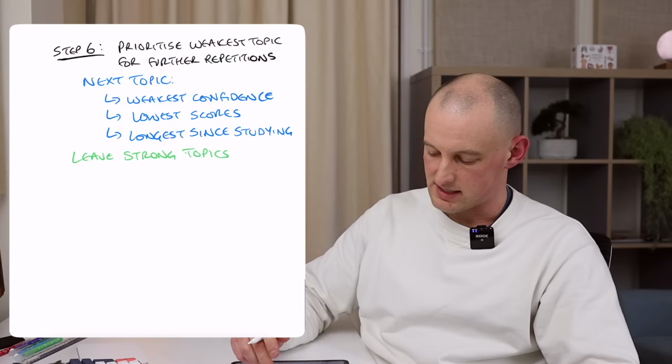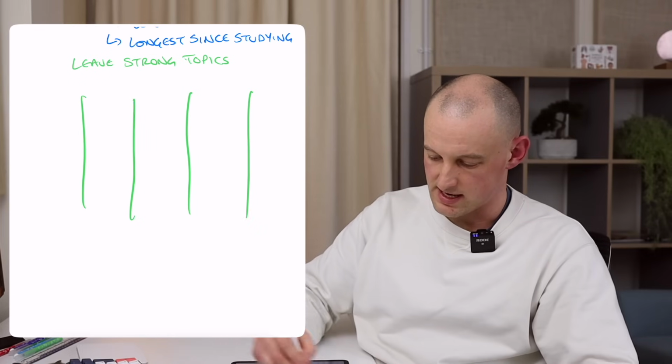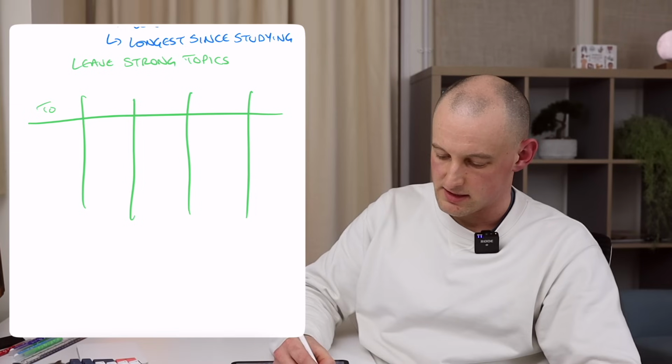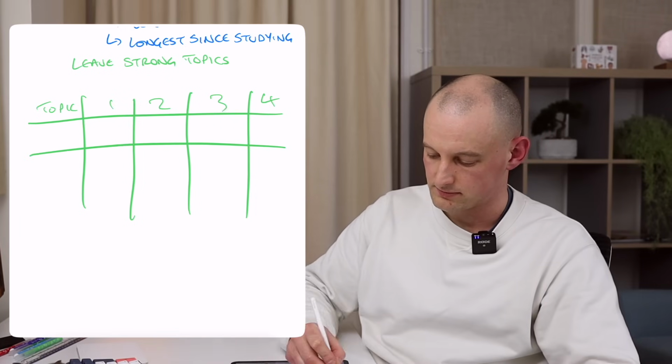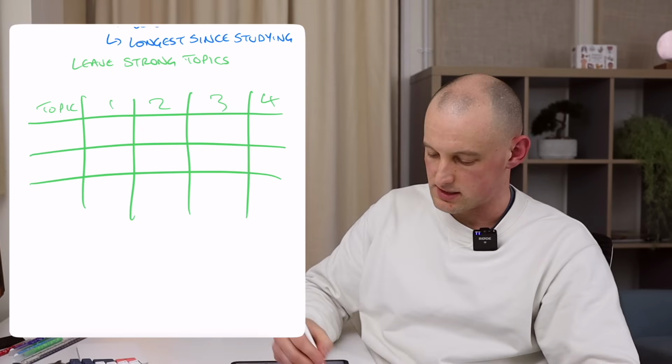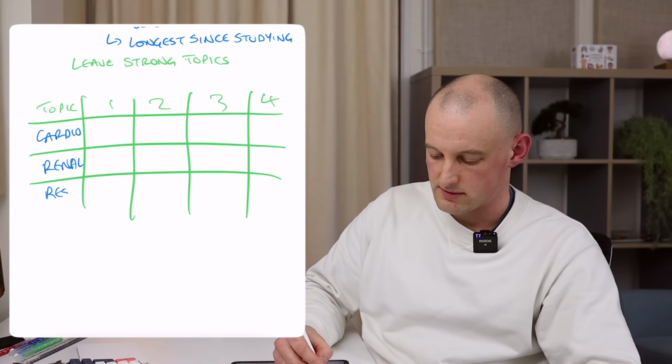So let's have a look at this example. You've got your tracking table like this. Topic 1, 2, 3, 4. So you've got cardio, renal, resp.